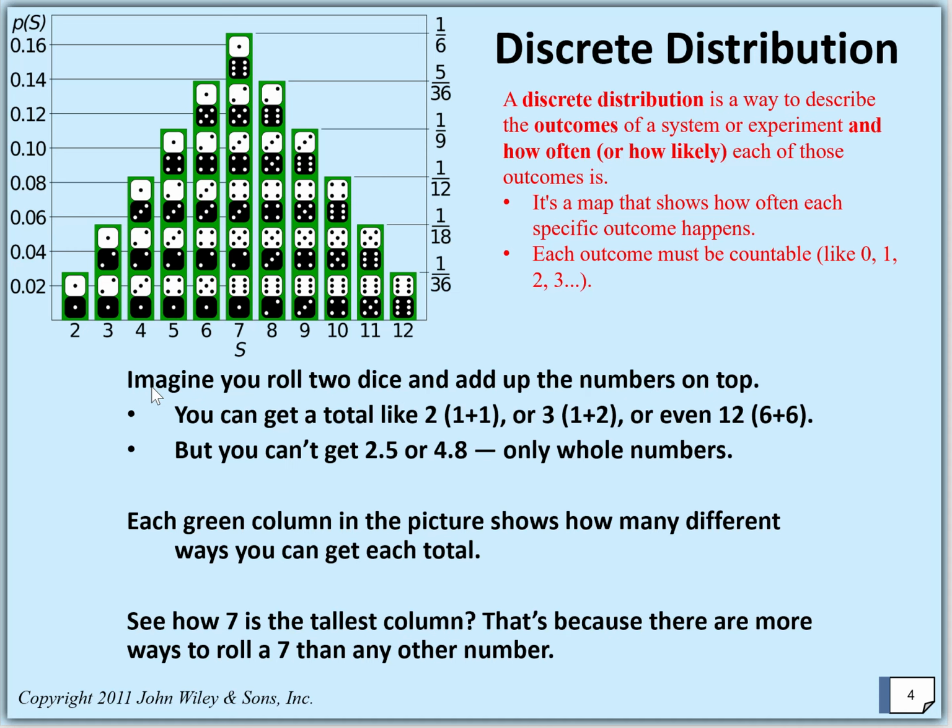Because 7 occurs in the most combinations. And 2 can only occur if one dice shows 1 and the other dice shows 1 as well. And 12 can only occur if both dice have 6 on them. So the chances of 2 and 12 coming are the least, and the chances of 7 coming is the most.